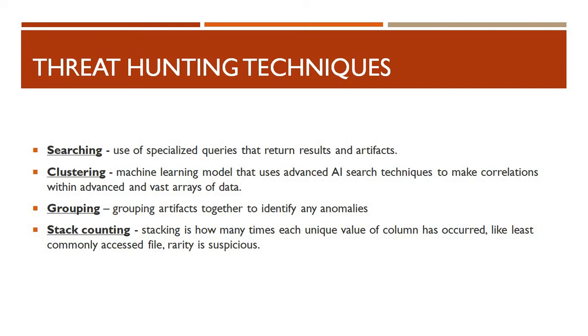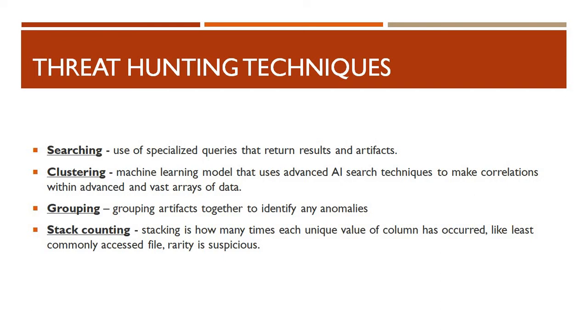And last but not the least, stack counting. Stacking is like identifying how many times each unique value of a row has occurred. This is a way of finding anything which is getting deviated from baselining. So for example, the least commonly accessed file or the least commonly accessed URL. Anything which is getting deviated from the baselining, that is called stack counting.